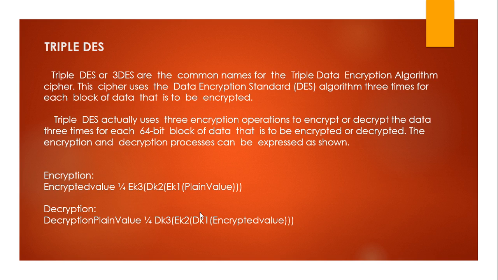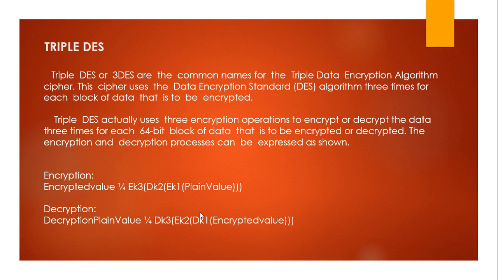Triple DES. Triple DES is nothing but the Triple Data Encryption Algorithm cipher. Before going into the topic deeply, I would like to describe the cipher. Cipher text is a way of changing a message to keep it in a secret or hidden manner. Triple DES or 3DES are the common names for the Triple Data Encryption Algorithm cipher.